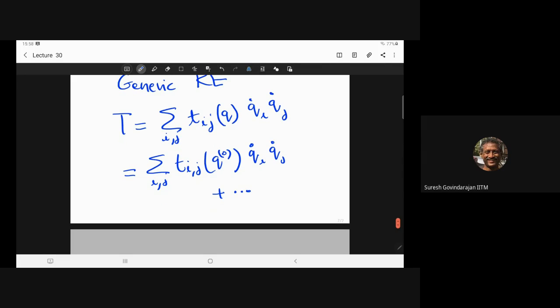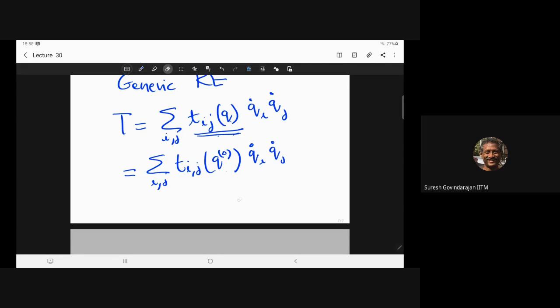If you expand, it's a power series. Even if you restrict to two derivatives, there is a dependence on q here. Even this is an approximation. We are throwing away these terms.